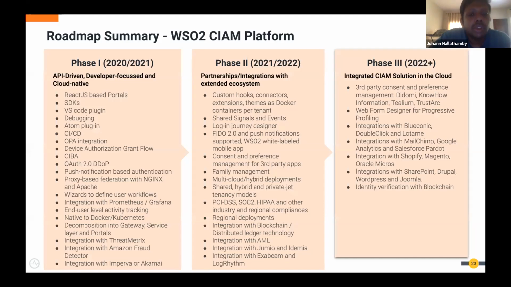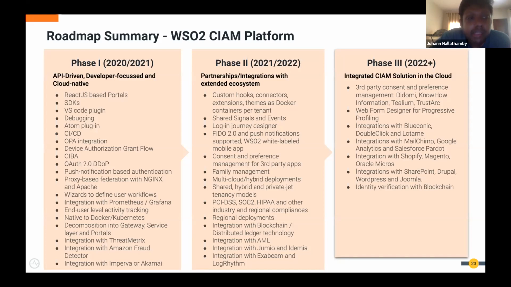In terms of our CIAM mission and our goal towards Asgardio, we planned our roadmap into three phases. The first phase, which is currently underway, is going to focus on the API-led integration of the product, improvements in the developer focus, and improvements around the cloud nativeness of the product.